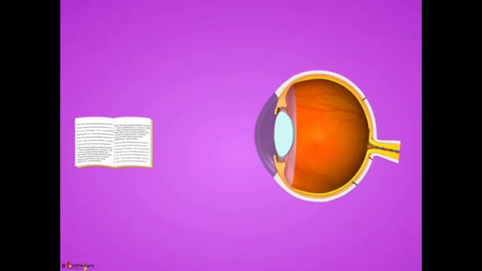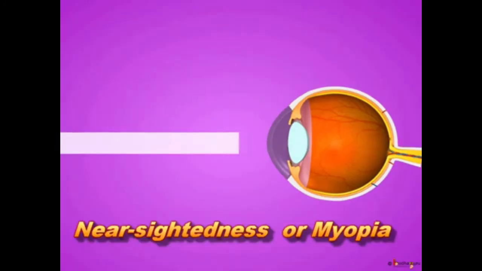Some people cannot see objects at a distance properly, but nearby things appear clear to them. So, this defect is called nearsightedness or myopia.